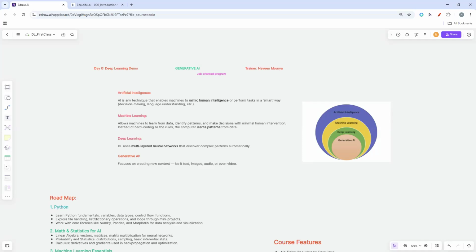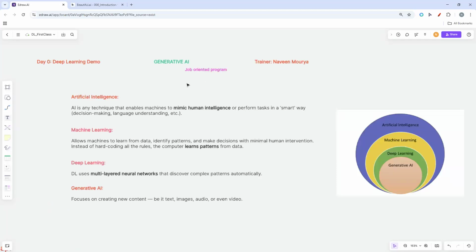And as some of you are here for the first time, I'll have to quickly recap what we covered in yesterday's session so that you are all on the same page. Hope you can see my notepad over here, and I'll give a brief brush up, and then we'll smoothly move on to today's topic. So let us get started. Yesterday we saw the differences between these subfields of artificial intelligence.